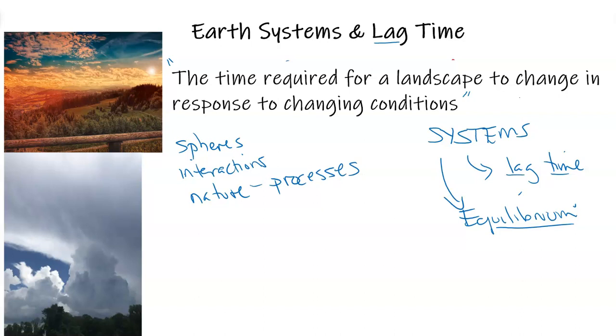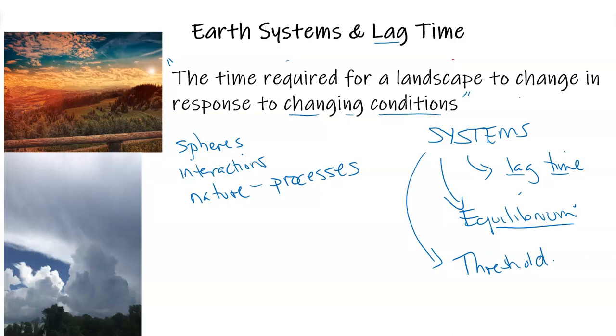There could be positive feedback loops in play that could cause a very long lag time to occur, or there could be some sort of metastable state and changes with the threshold, which can also impact the lag time and how long it takes for a landscape to change and respond to the conditions placed upon it.